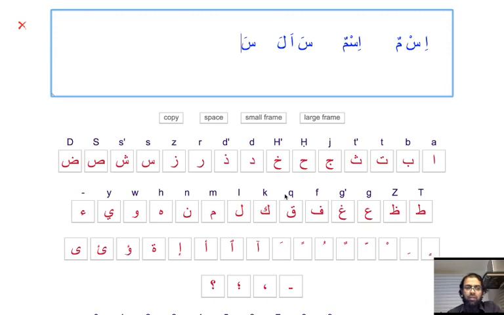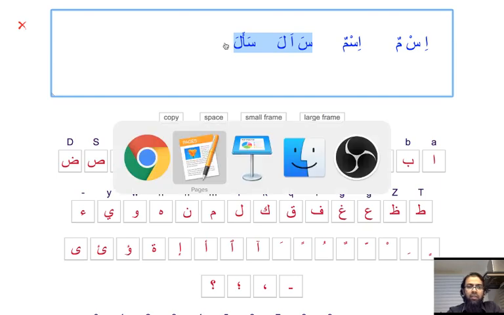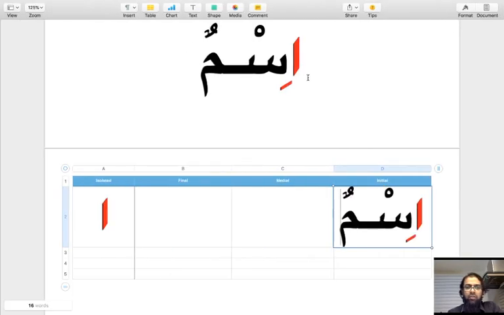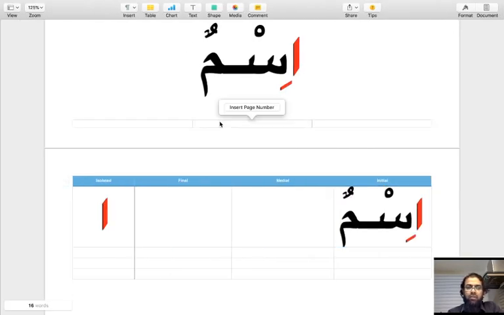so I'm just going to use this one because it has a hamza on top of it. Sa'ala. So this is how alif will be written in the middle of a word. So I'm just going to do the same. I'm going to copy that and paste that into pages.